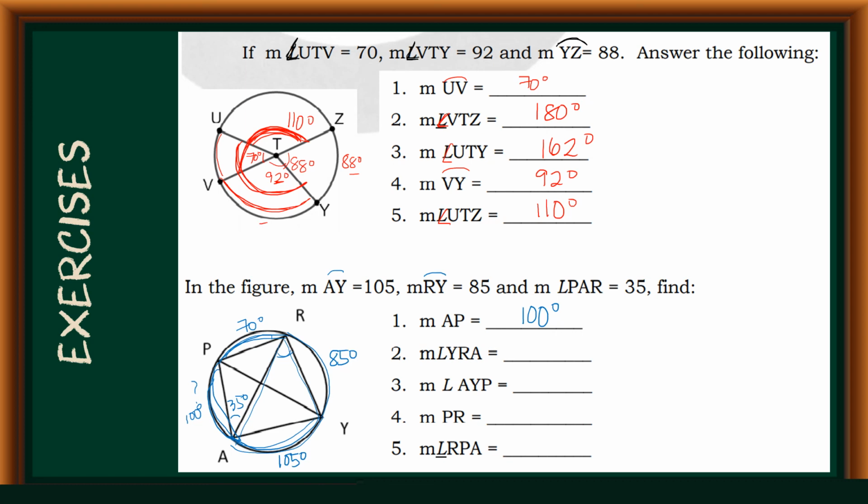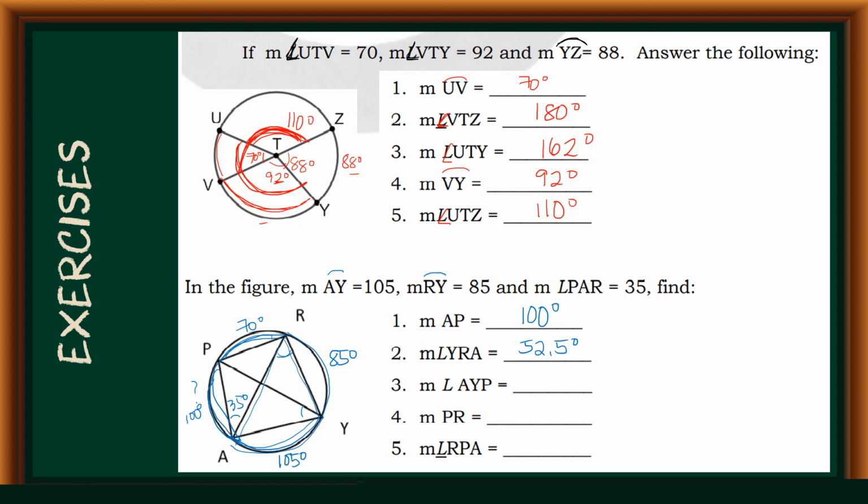And we've discussed that the measurement of the inscribed angle is half the measurement of its intercepted arc. So if arc AY is 105 degrees, therefore its inscribed angle is half of 105, which is 52.5 degrees. Okay?